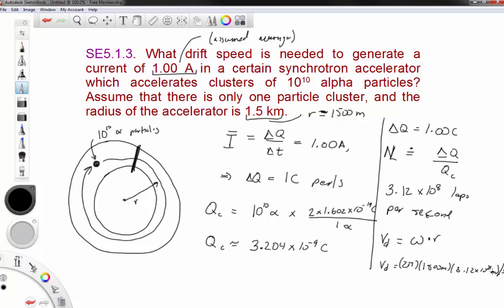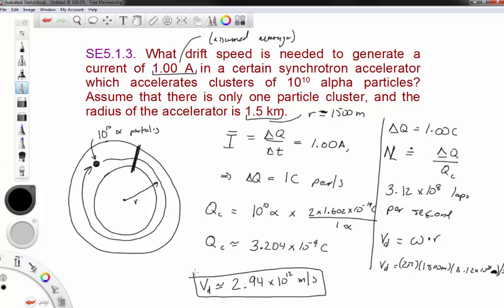Oops, this is not meters, this is just 3.12 times 10 to the 8 laps. So the total drift velocity that we come up with for this, therefore, is about 2.94157, so 2.94 times 10 to the 12 meters per second.